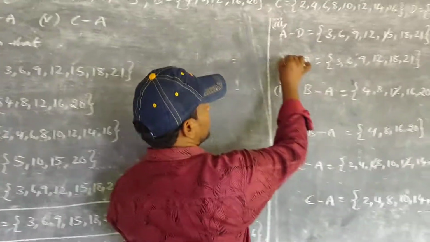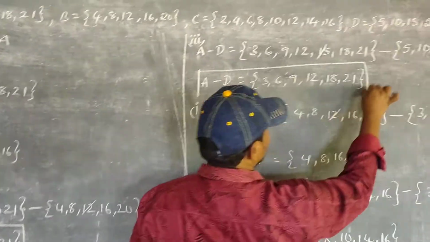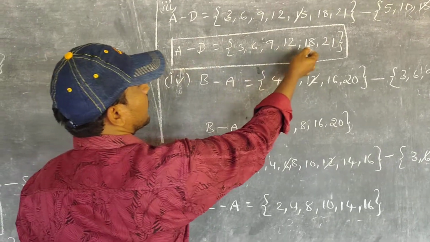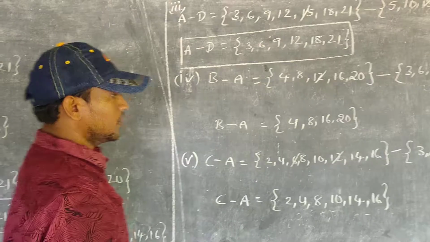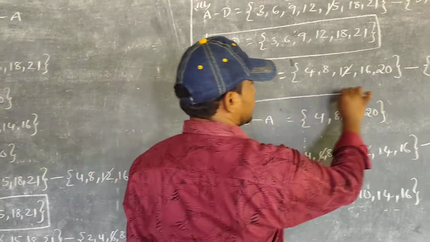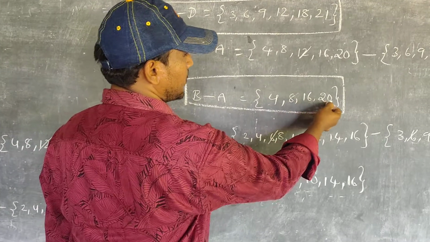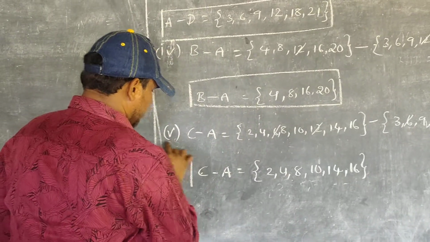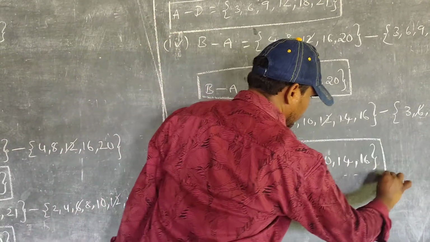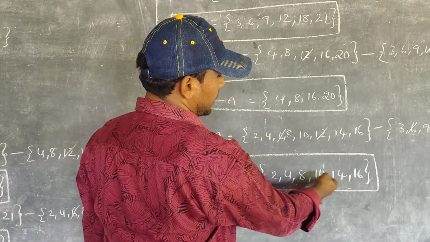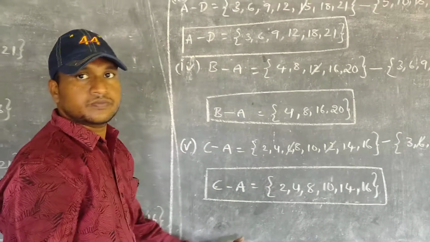Third one is A minus D. What is the solution? 3, 6, 9, 12, 18, 21. Fourth one, B minus A. What is the solution? 4, 8, 16, 20. Next, fifth one, C minus A. What is the solution? 2, 4, 8, 10, 14, 16.